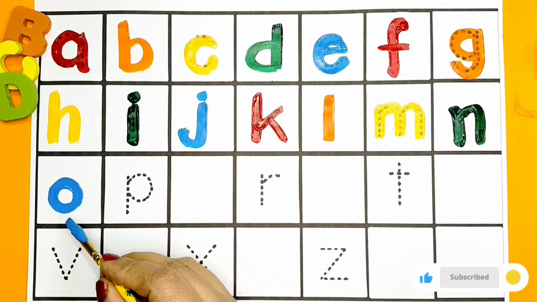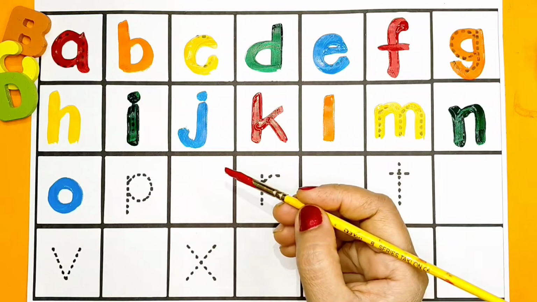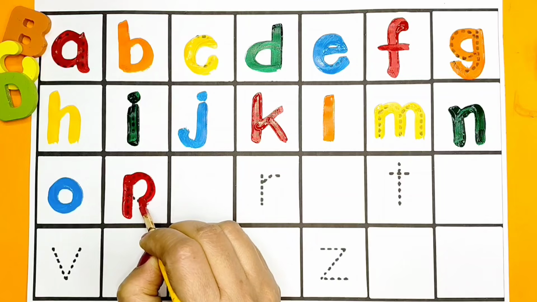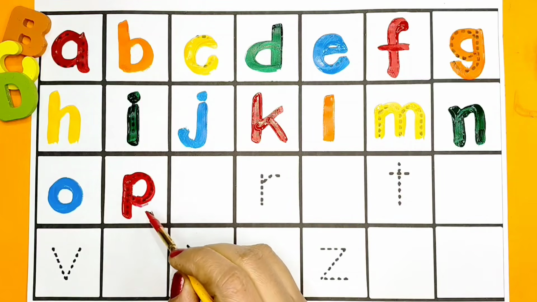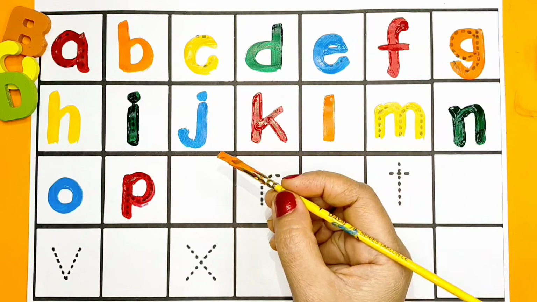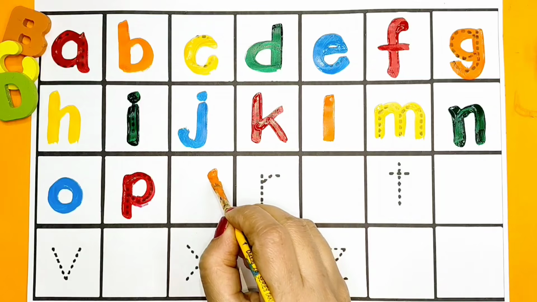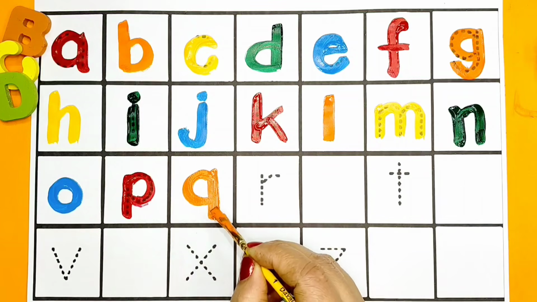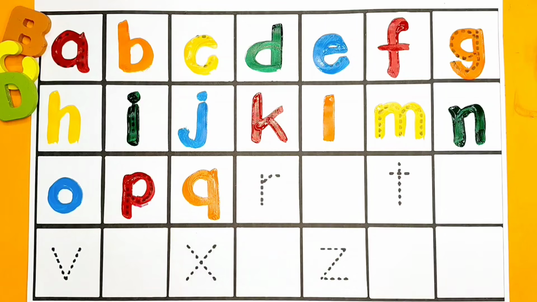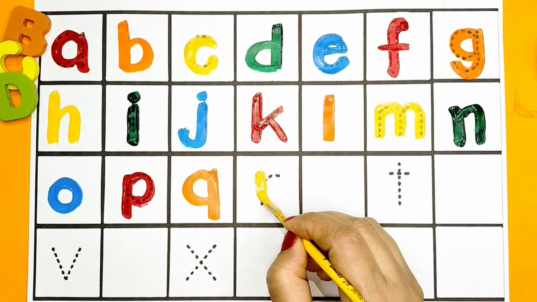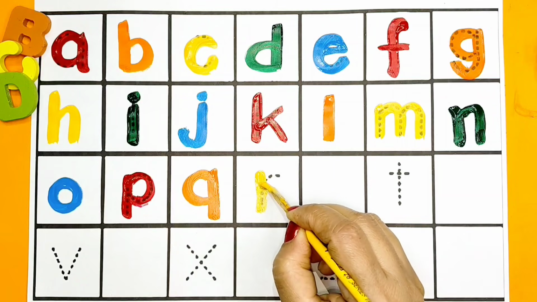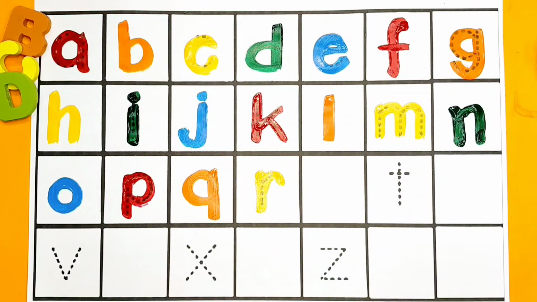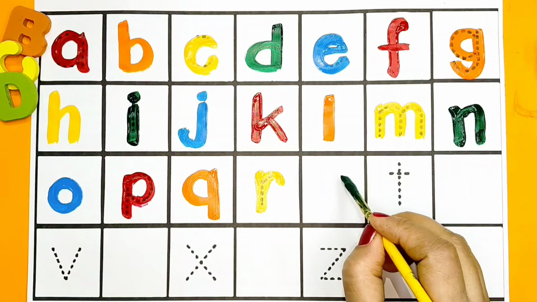O. O for orange, red color. P. P for pencil, orange color. Q. Q for queen, yellow color. R. R for rose, dark green color.